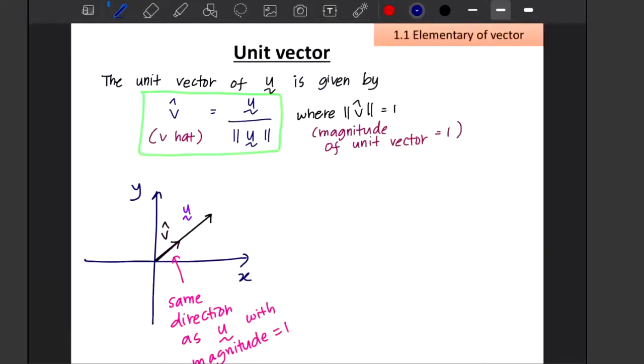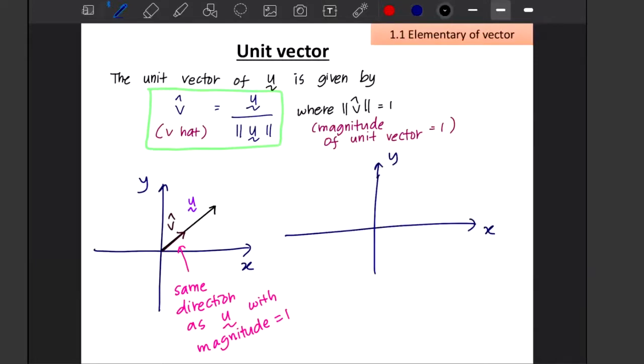The unit vector of U is given by V hat. V hat equals the vector U divided by its magnitude. And the magnitude of a unit vector equals 1. And we have vector U here. The unit vector of U is here, where the magnitude is 1, so you can denote it as vector V hat.